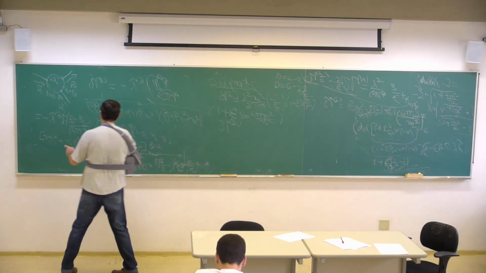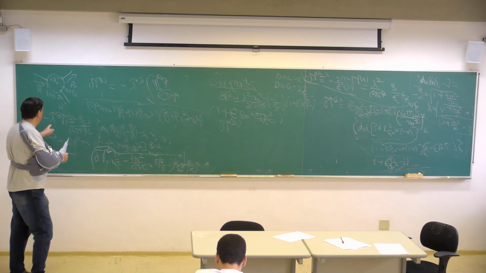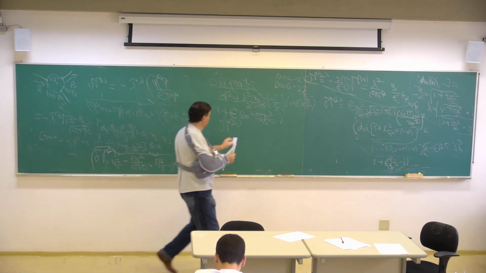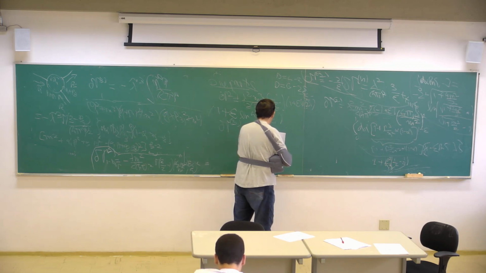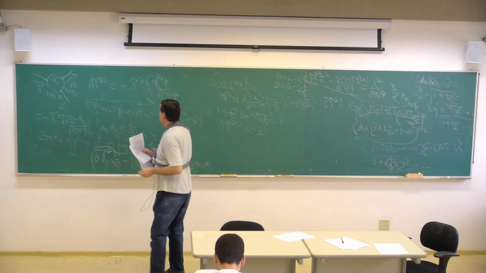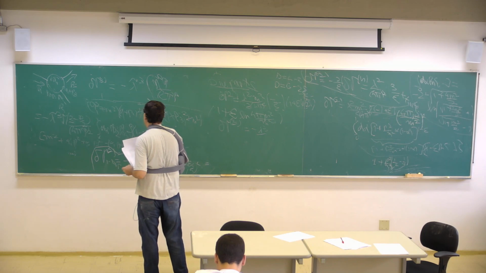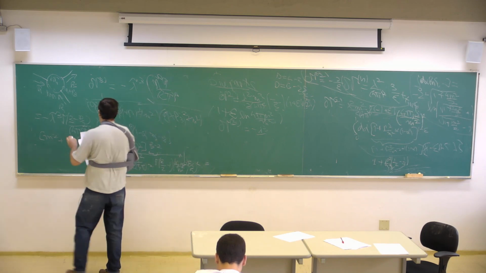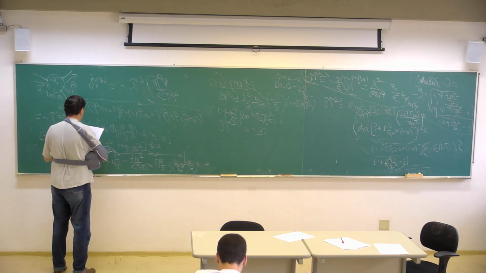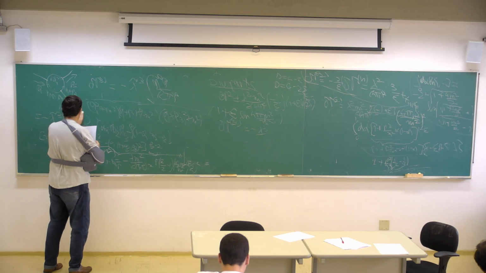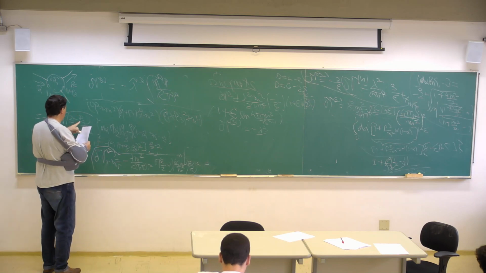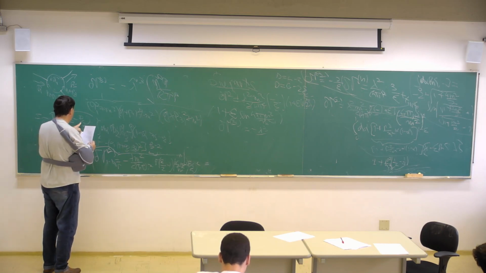Here. All right, so this is minus lambda cubed. So this is 3 minus 3, that's 0, okay?